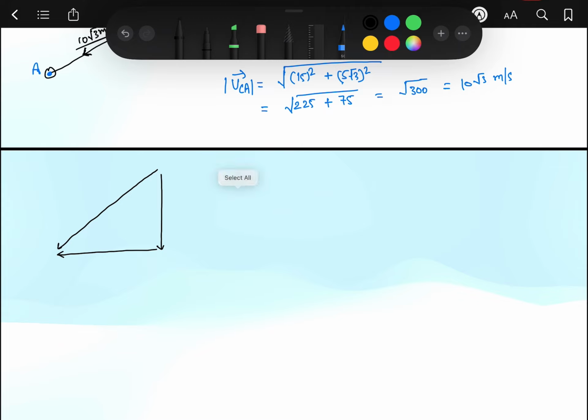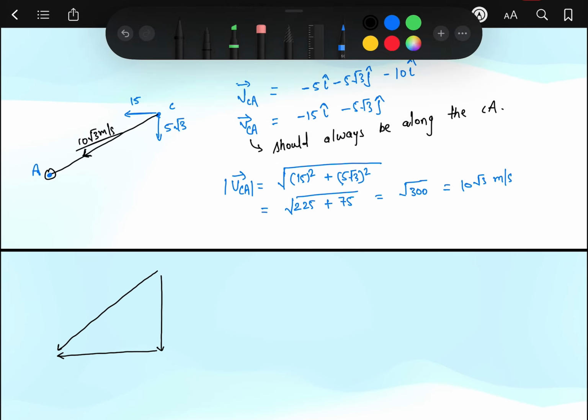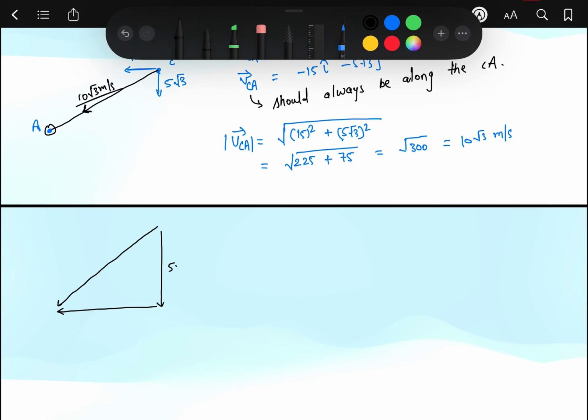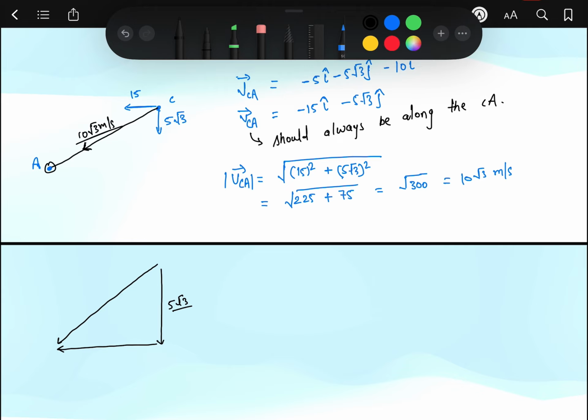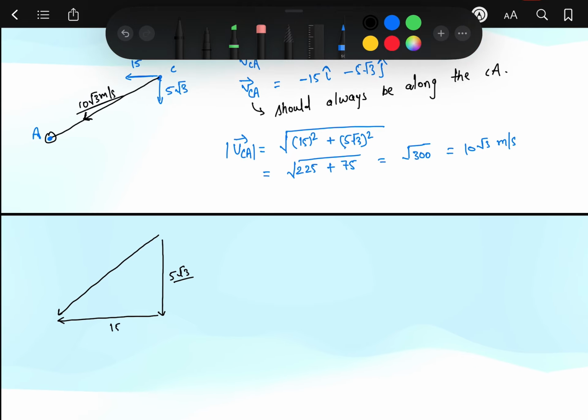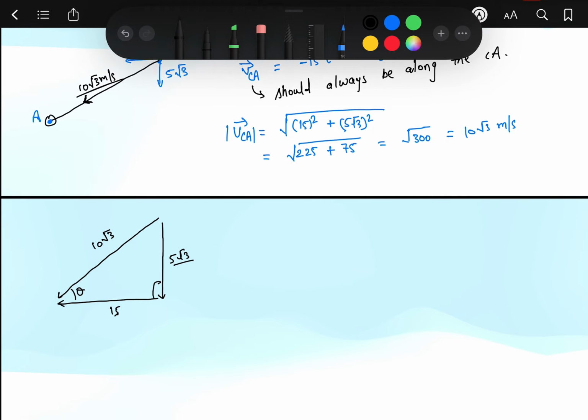The vertical component is 5 root 3, the horizontal component is 15 meter per second, and their resultant is 10 root 3 meter per second. Now we can easily find the angle theta in this triangle, because this is a right angle triangle.